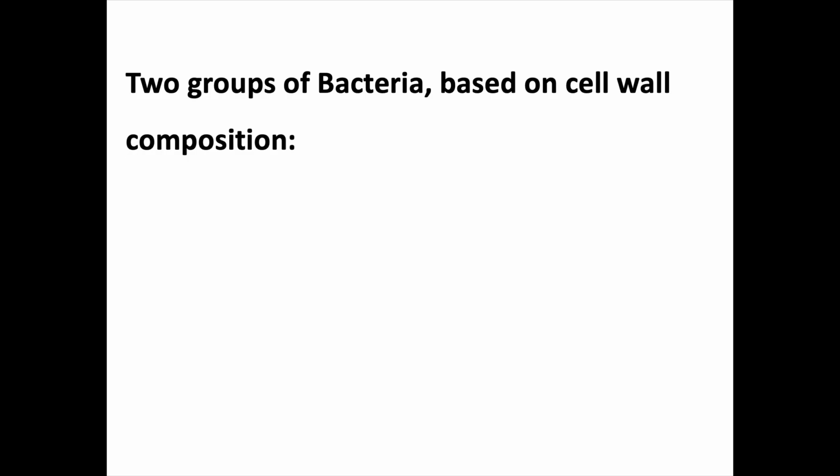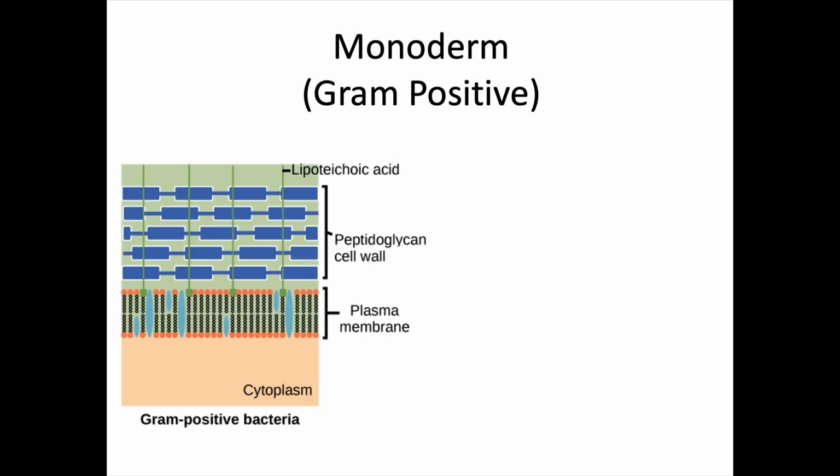One of these groups is called monoderms, more commonly known as gram-positive bacteria. The gram-positive is based on a staining procedure, which you may learn more about in the lab associated with this class. I'm not going to get into this too much because it's a lab thing. We talk about a gram stain.